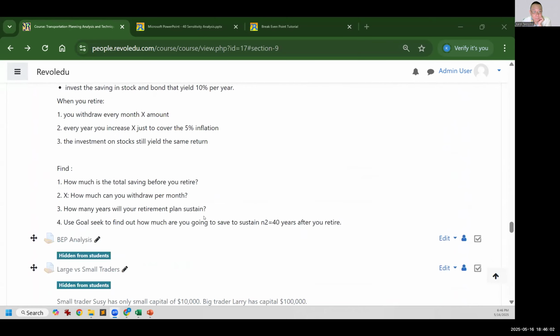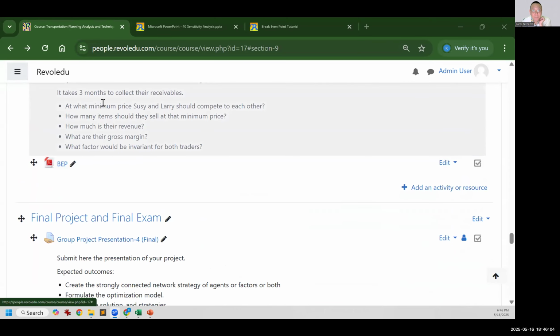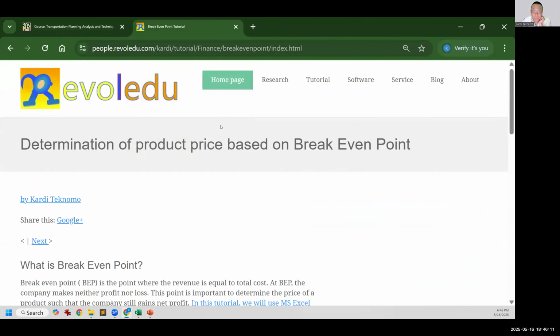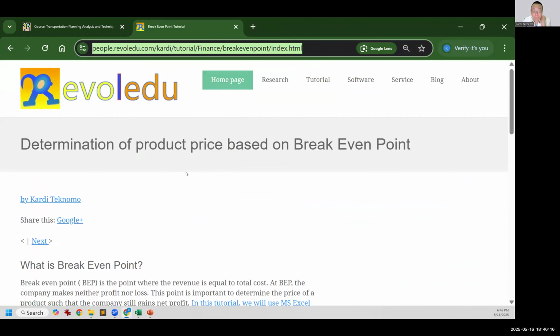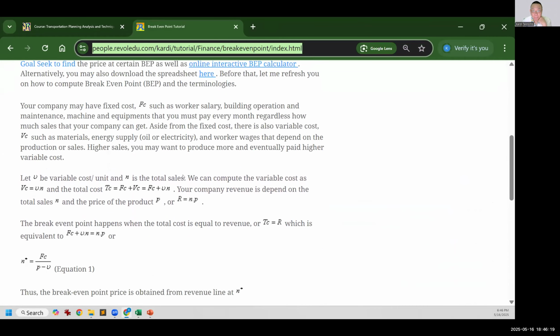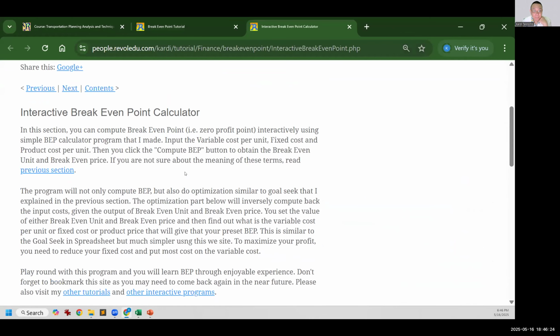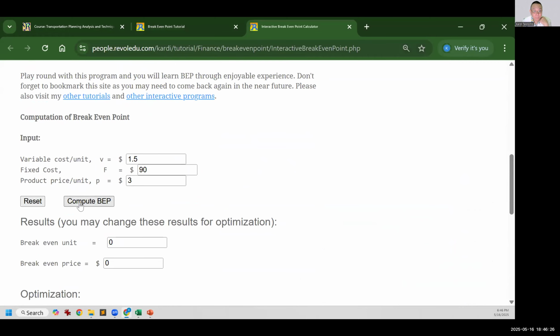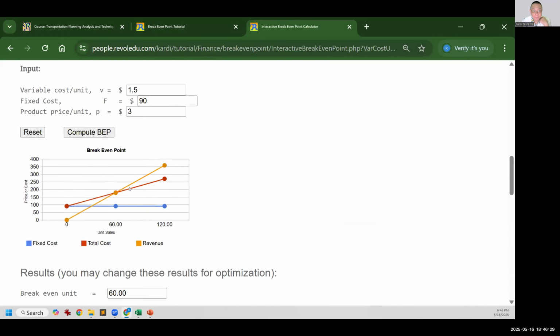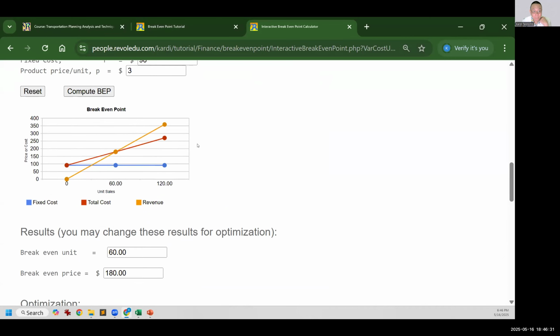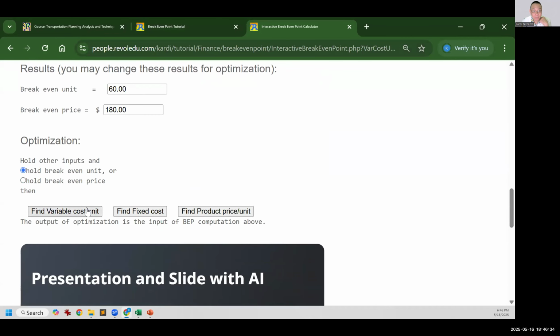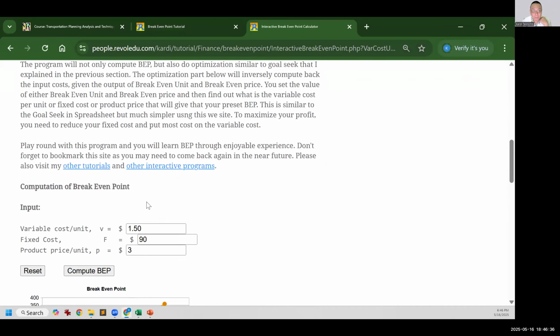So you see this part, PEP. This is the calculator of PEP that I made. I can calculate the PEP and the plot, and then you can do some optimization by changing certain variables.